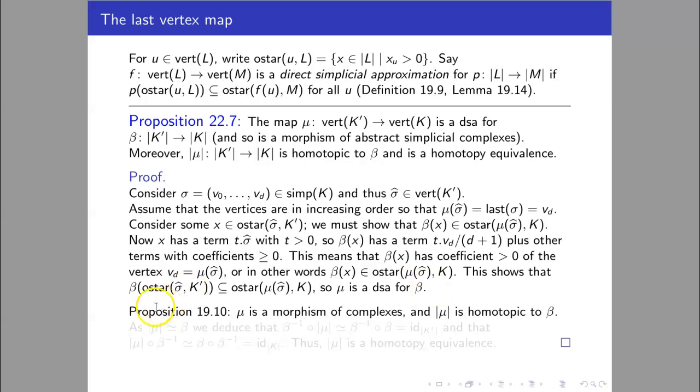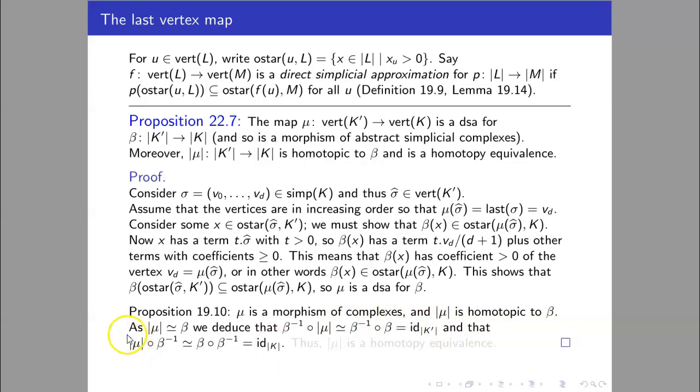And then proposition 19.10 said that just because it's a direct simplicial approximation, that automatically means that it's a morphism of simplicial complexes, and it also automatically means that mod mu is homotopic to beta. And so it follows from that that beta inverse composed with mod mu is homotopic to beta inverse composed with beta, but beta inverse composed with beta is the identity.